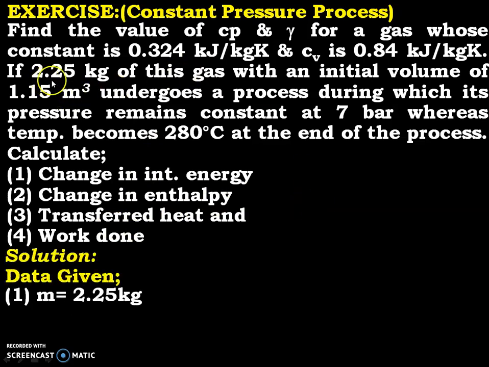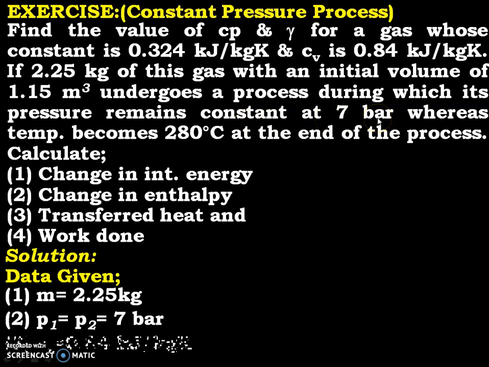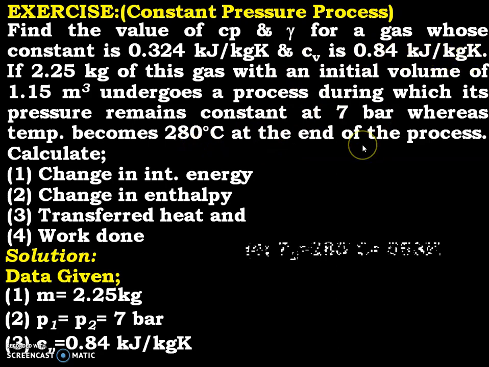Mass is 2.25 kilogram. Initial volume they have given, so it is V1. Okay. They have also given that pressure remains constant, so P1 equals P2 equals 7 bar. Cv they have given, and that is 0.84 kilojoule per kg Kelvin. T2, that is final temperature.